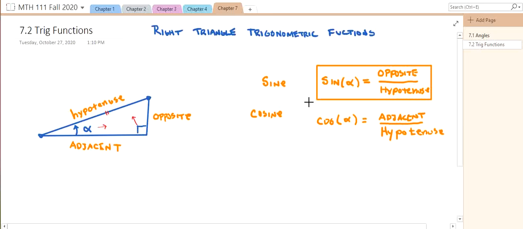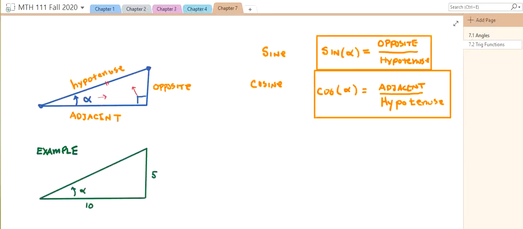Okay? For example, let's say that we have this triangle here with these dimensions. This one side is 10, this other side is 5. We know that this is the longest side because this is the 90-degree angle. We can just scope that out. So we can figure out what the cosine, or the sine of this angle is. So the sine of alpha equals, well, actually, I need to know what the hypotenuse is.